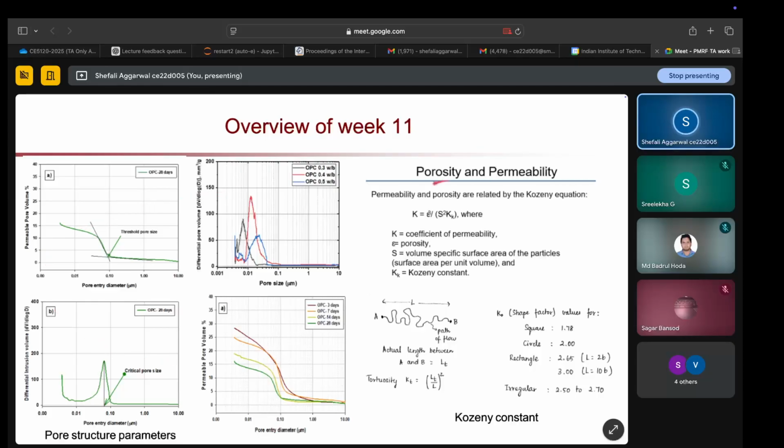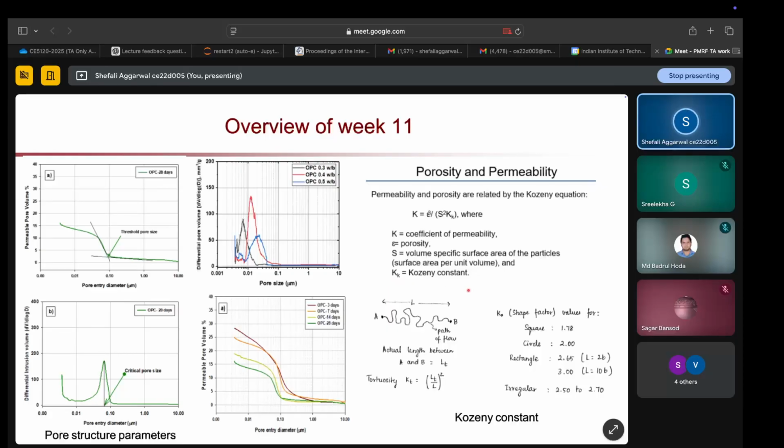Now, other thing is how permeability and porosity are related to each other. They are related using the Kozeny equation, where K is the coefficient of permeability, eta is porosity. It's a little bit wrong, it is eta cube. Eta is defined as porosity, and S in this case is the volume specific surface area of the particles, and Kk is the Kozeny constant.